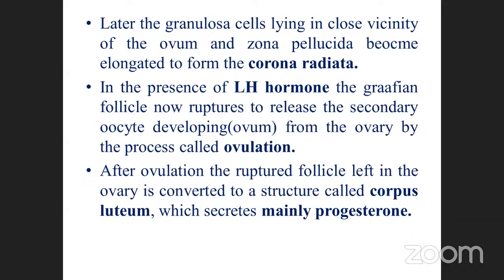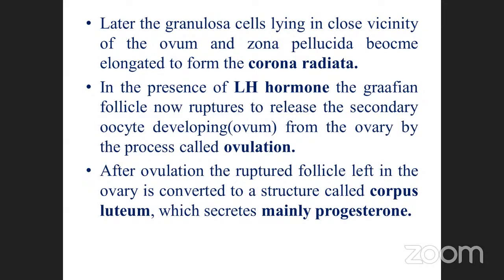In the presence of luteinizing hormone, the Graafian follicle now ruptures to release the secondary oocyte, the developing ovum. The secondary oocyte is also called the ovum. The luteinizing hormone is responsible for the rupturing of the Graafian follicle and the release of the secondary oocyte.